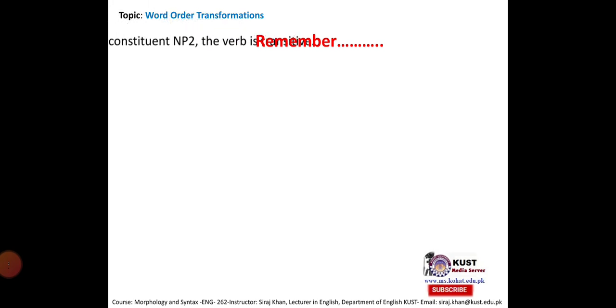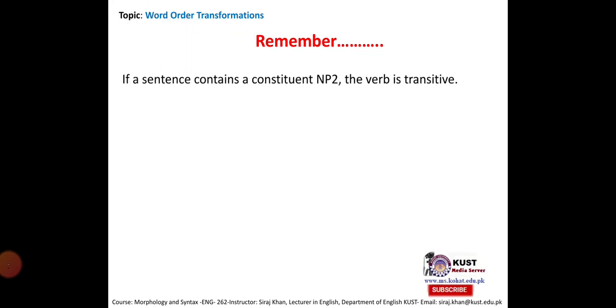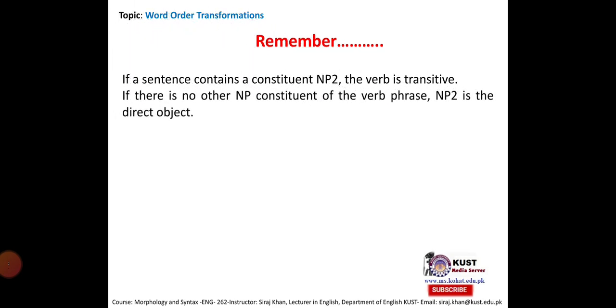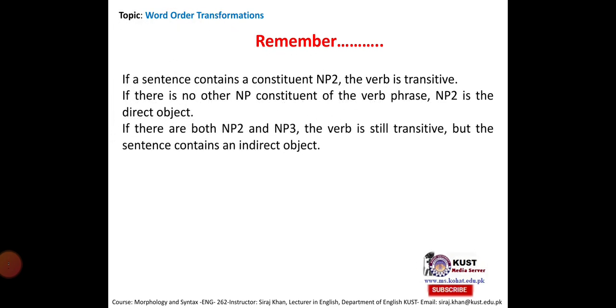Remember, if a sentence contains no constituent noun phrase 2, the verb is intransitive. If there is no other noun phrase constituent of the verb phrase, NP2 is the direct object. If there are both NP2 and NP3, the verb is still transitive, but the sentence contains an indirect object.